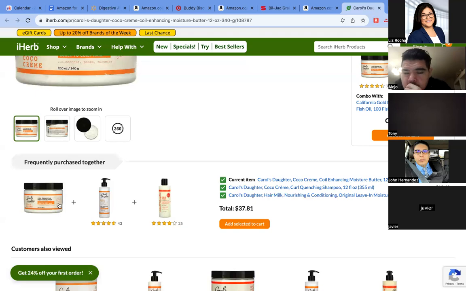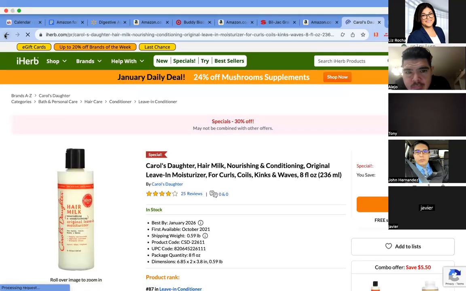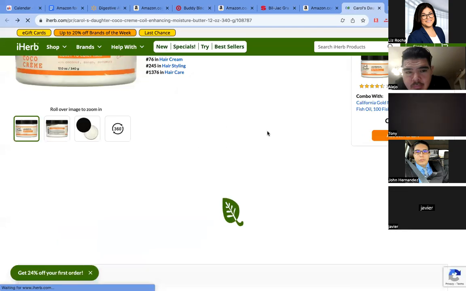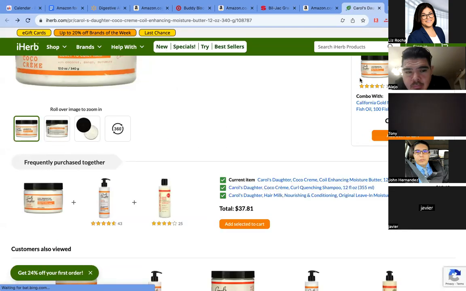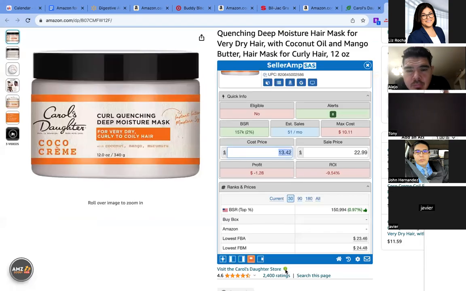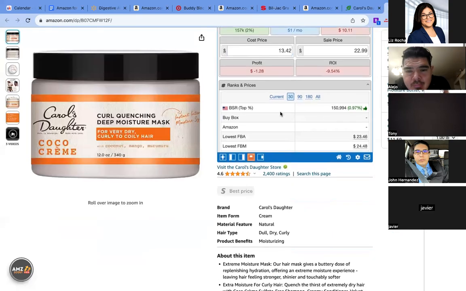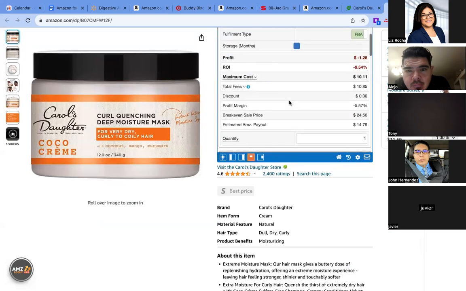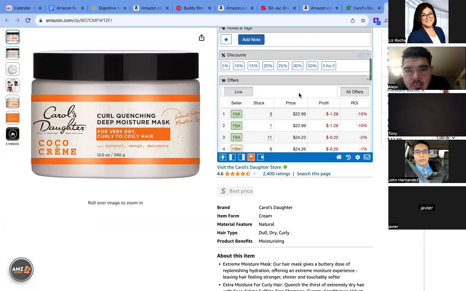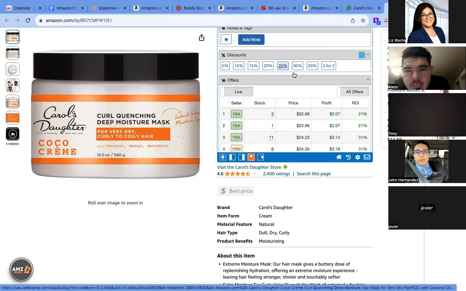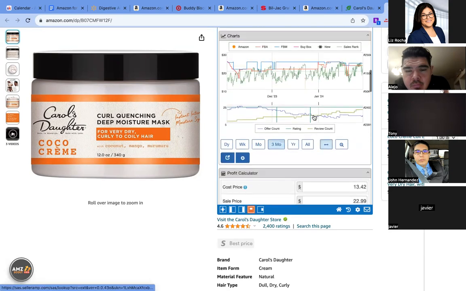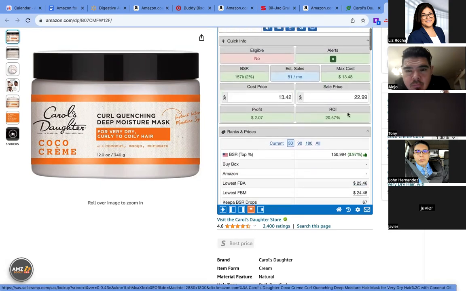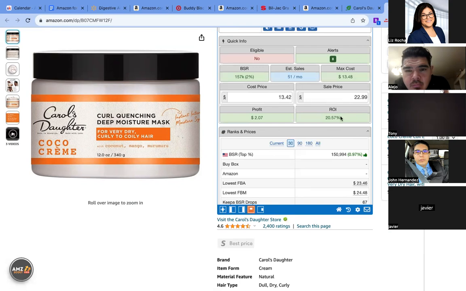So you can add your discounts: 24% from this website, plus 2% from Rakuten, plus 2% from your credit card. So that's now what, 28%? So now you can go to your discount here on your Seller Amp and plug in 28%. There's no 28% here, so I would do 25%. So now you have 20% ROI, right?